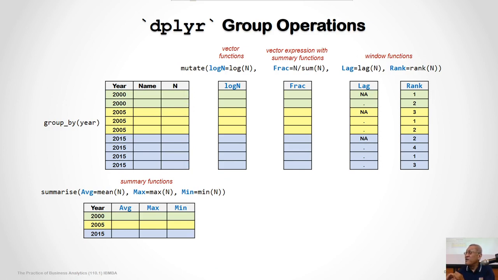It will become an all-time fraction. You see the difference? So this is one of the scenarios in which you have to do group mutate. If on the right-hand side of the equal sign you have some summary function, the summary function will apply to the group.